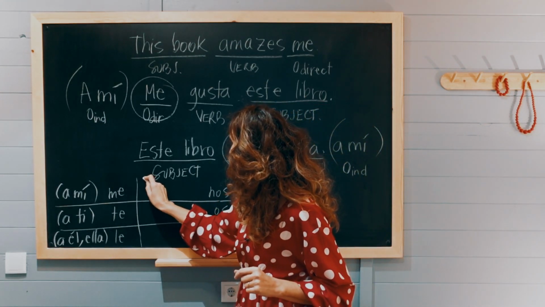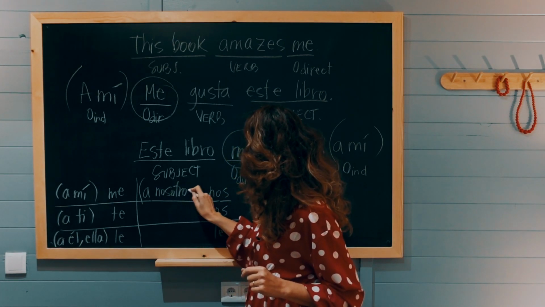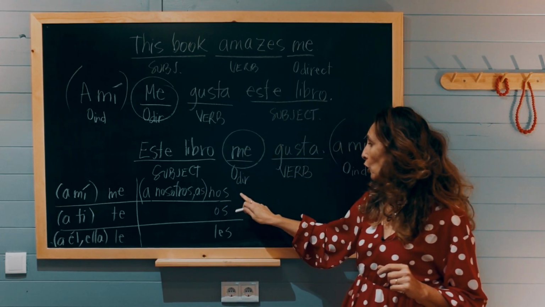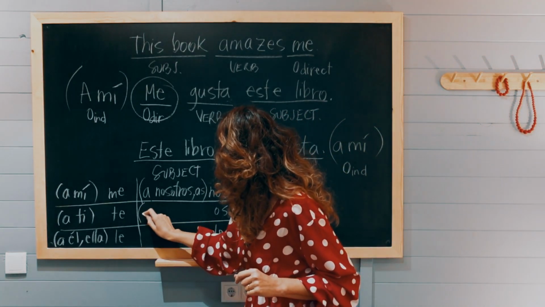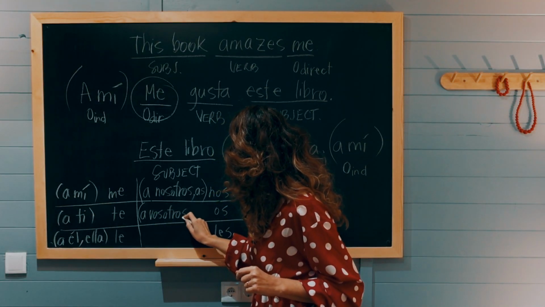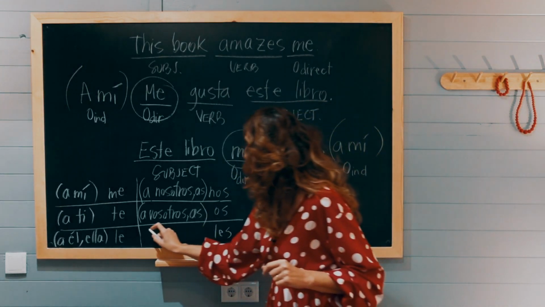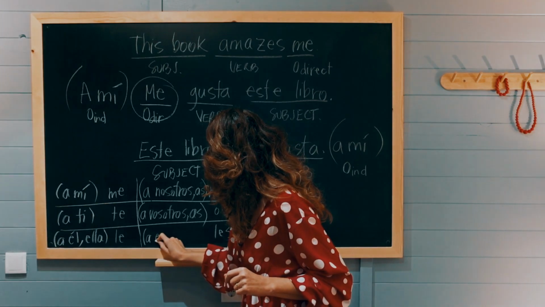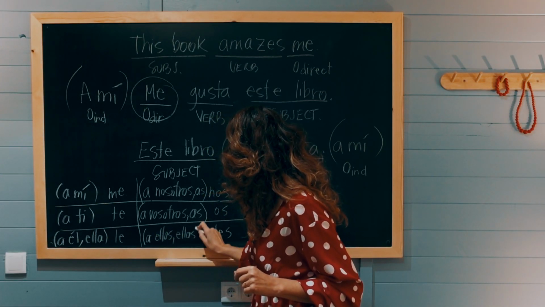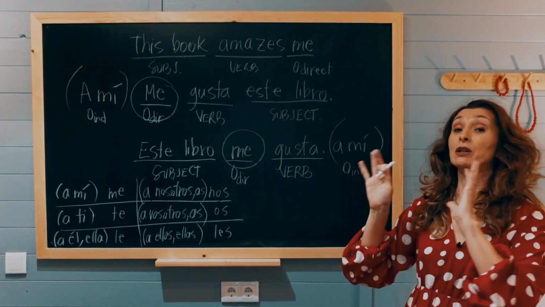Here we will have a nosotros, or nosotras if it's only women, nos gusta. Here it will be a vosotros or vosotras, os gusta. And here a ellos or ellas, les gusta.